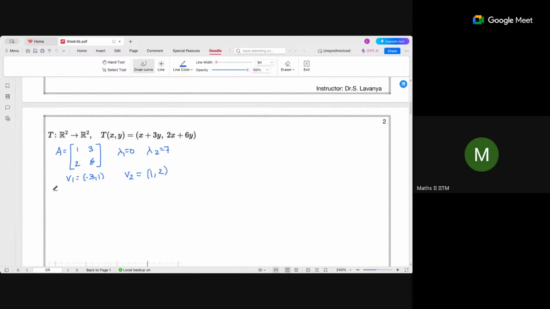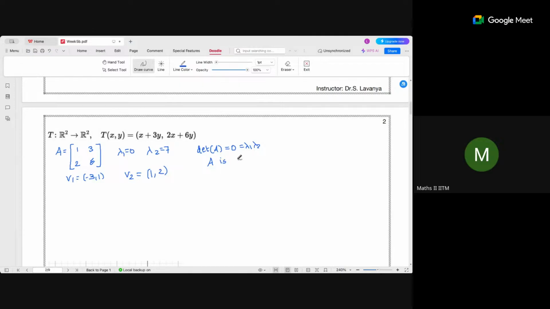Okay. Fine. So now what do you observe? Again, this is now not a triangular matrix. Now what is the determinant? 0. Right? Again, it is lambda 1 into lambda 2. So what do we see?